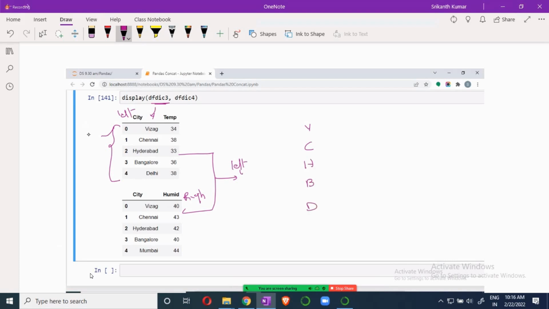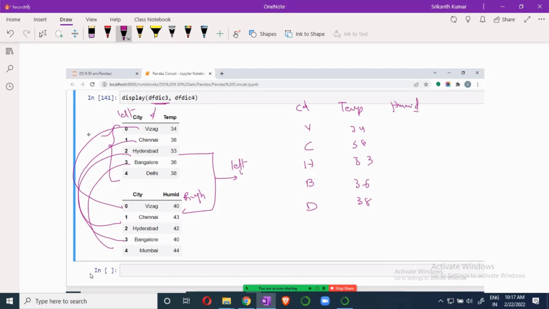These are the cities. Temperature: whatever is there, that we are going to get. 34, 38, 33, 36 and 38. Now, from the right side, whichever values are common in the common column, only those will be presented to us over here like this. Now you will get humidity.